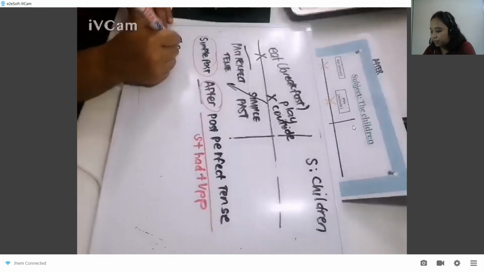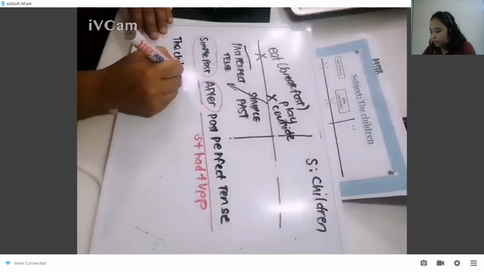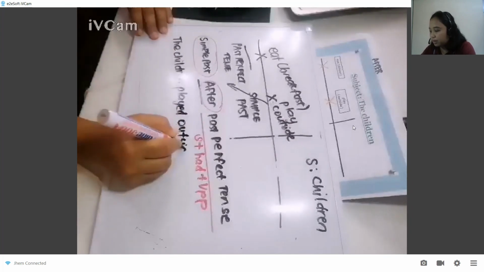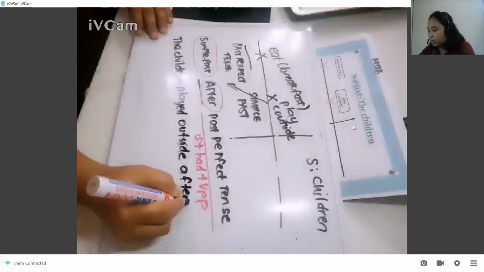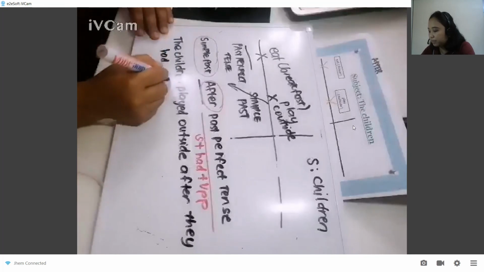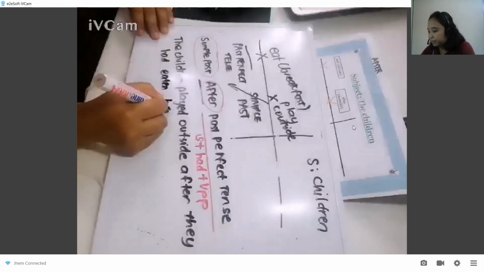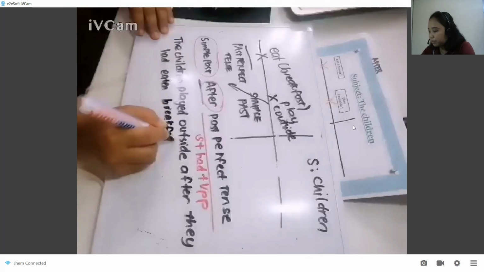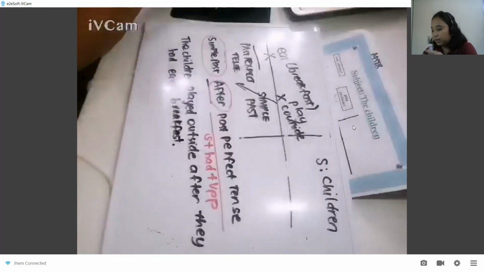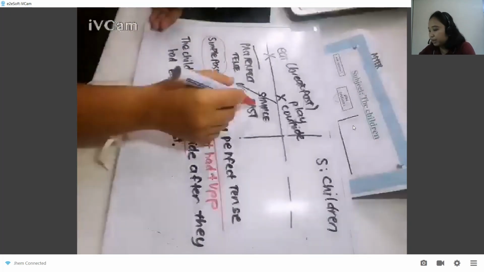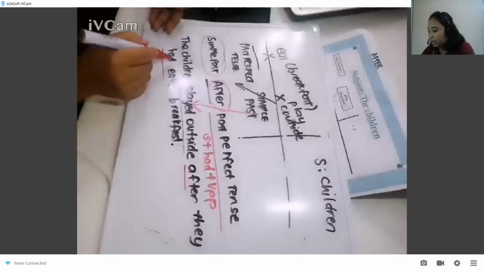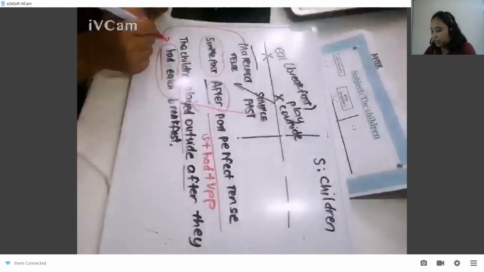The children played outside after they, subject, had eaten breakfast. There. So the children played outside, that is in the simple past. After, then they had eaten, which is in the past perfect tense.